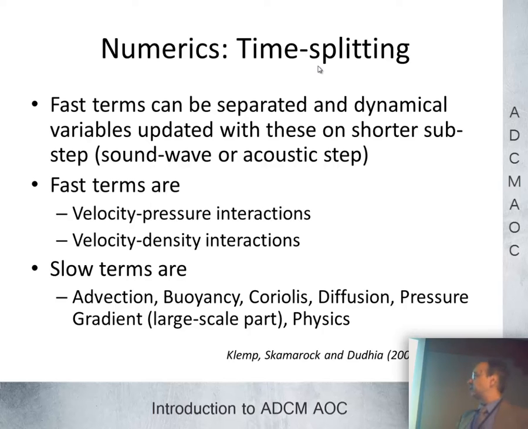The fast terms are the velocity pressure interactions and the velocity density interactions. So only a few of those terms in those equations I showed are really fast terms. There are slow terms, which are typically convection, buoyancy, Coriolis, diffusion, the large scale part of the pressure gradient, and the physics. You don't have to compute them so frequently to update them. So there's certain things you have to compute frequently on a shorter step, and that's what we mean by time splitting.